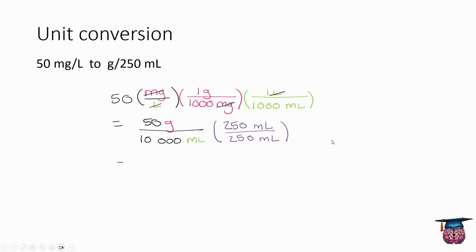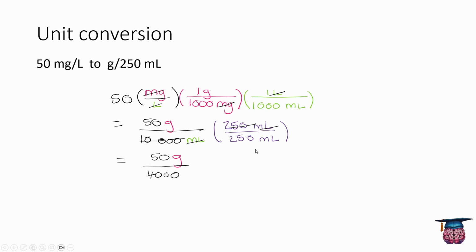Now we once again carry over what we will not be needing or adjusting at this stage, and then we cancel out our units that we won't be using. And then we simplify the 10,000 milliliters by dividing it by 250. So now we have 50 grams divided by 4,000.